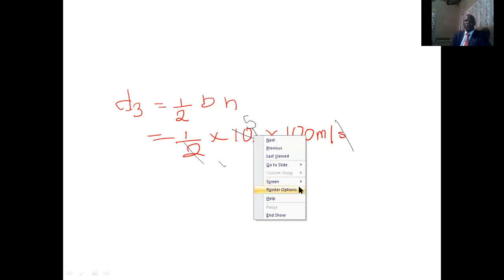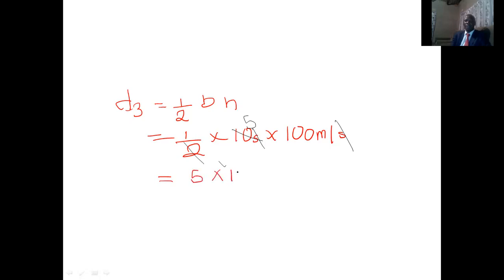And so we find that distance 3 is 5 times 100, which is 500 meters. That is for distance 3, which is the distance under the curve when the car was decelerating.